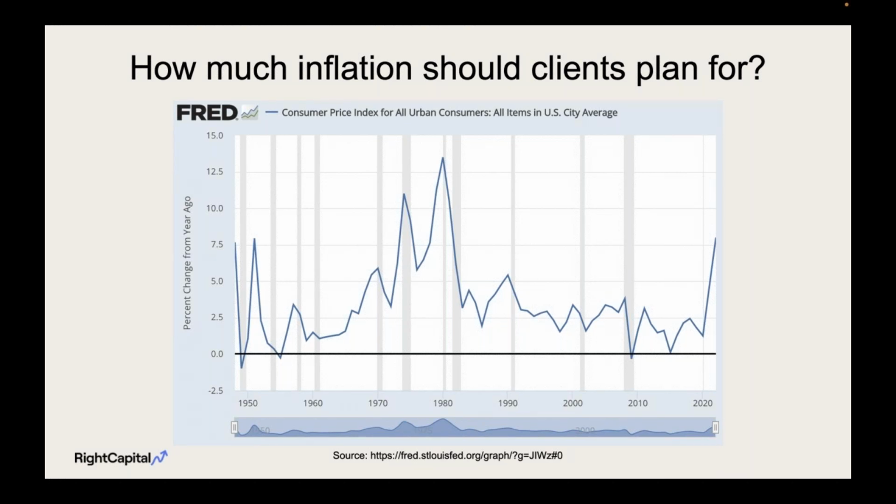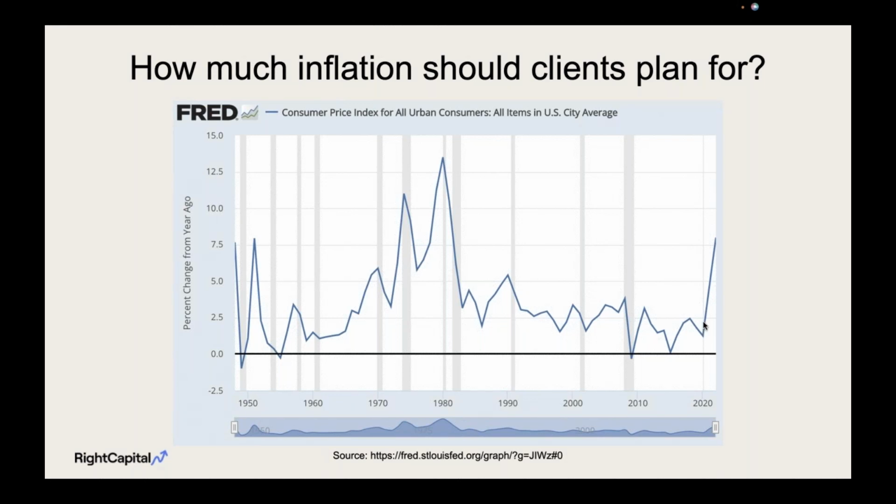At Right Capital, this essentially represents that general inflation factor, and this consumer price index for all urban consumers is representative of the buying power of a basket of goods and services that's often used across the US to indicate what the headline inflation amount is. So understanding the historical context here is important. For the year over year change, we're at Right Capital using right around 2.5%.